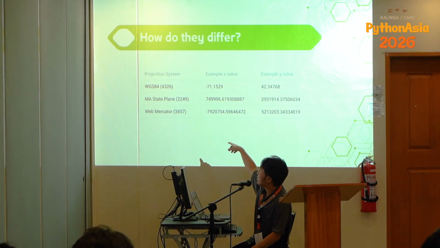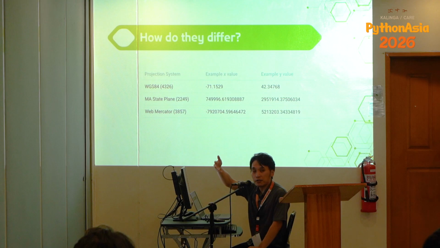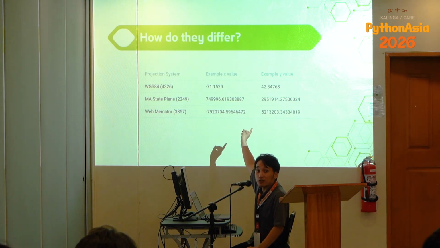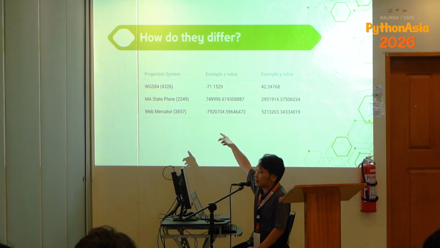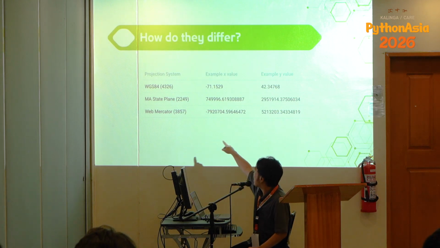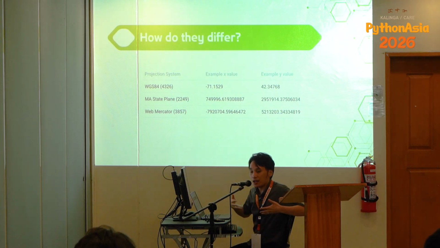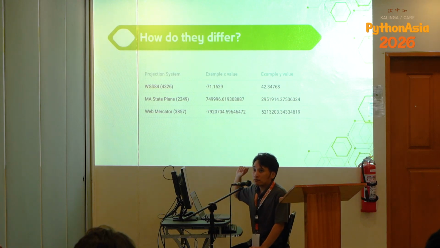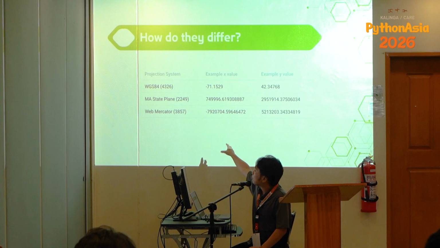This one, how do they differ? You're going to see online that we're very familiar with latitude, longitude, WGS84, 4326, Web Mercator 3857, all of those numbers. But I want you to focus on, they need to be consistent.